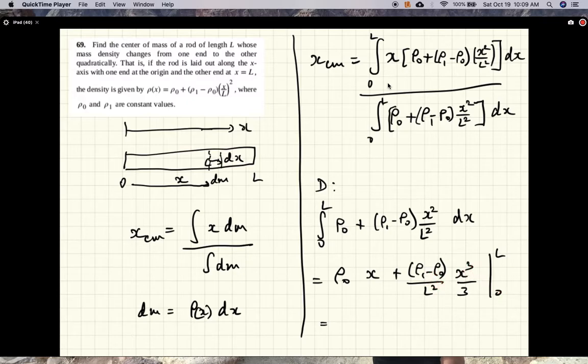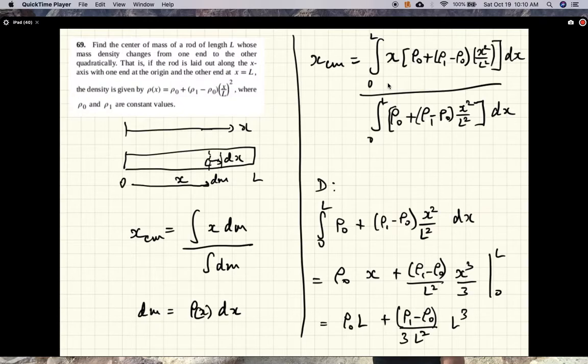So the denominator is rho naught L plus (rho 1 minus rho naught) over 3 L squared times L cubed.